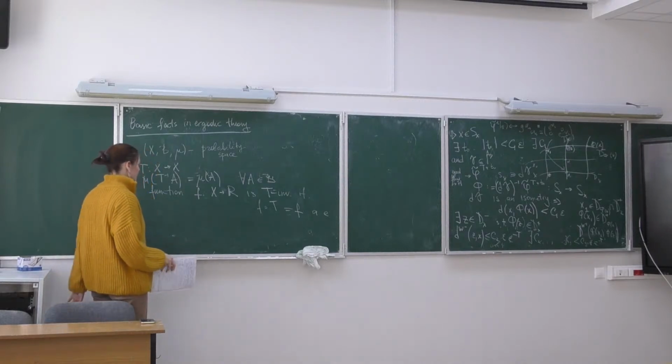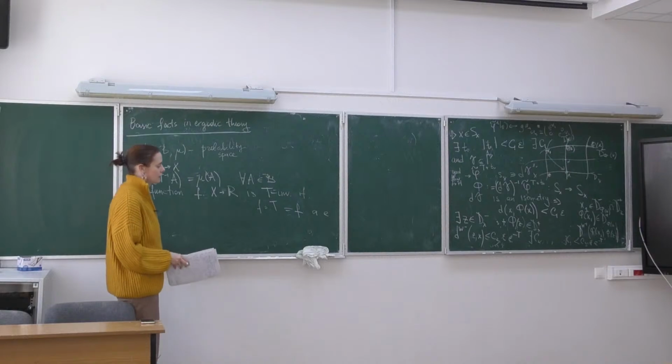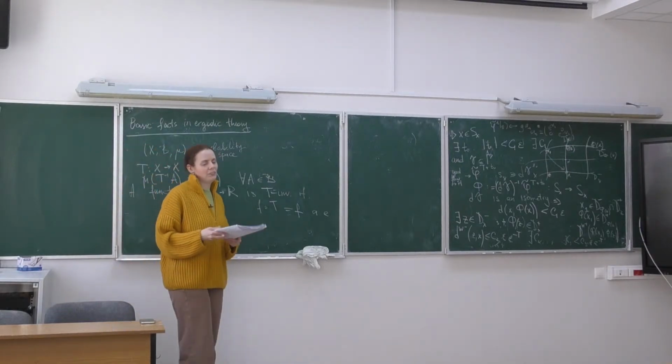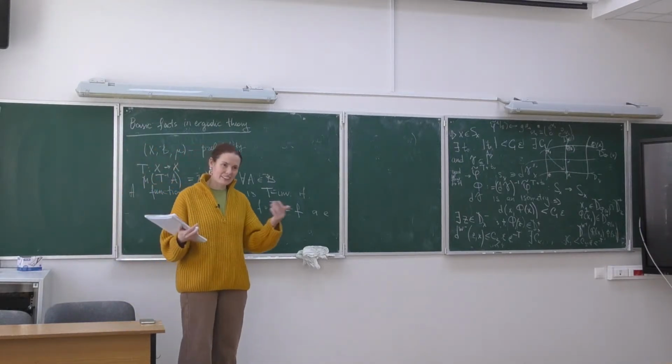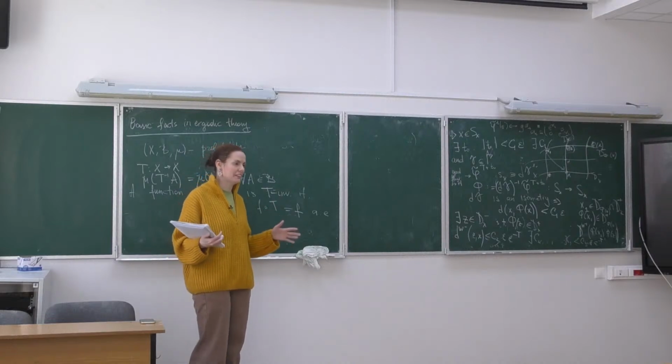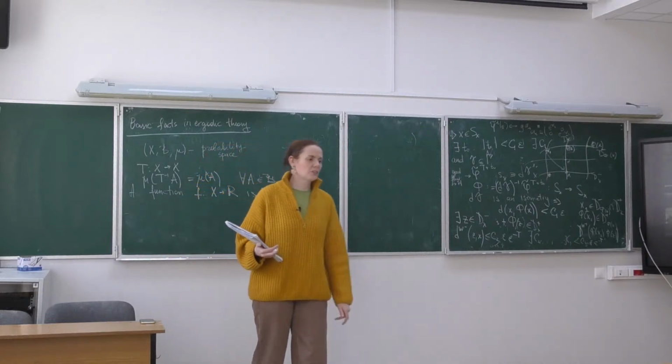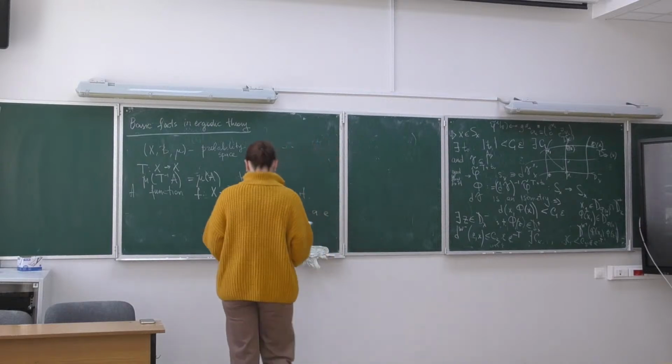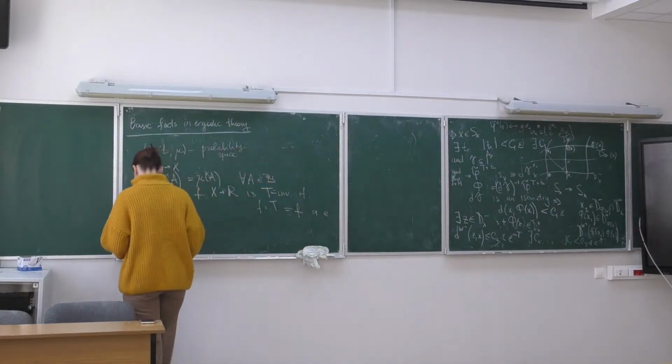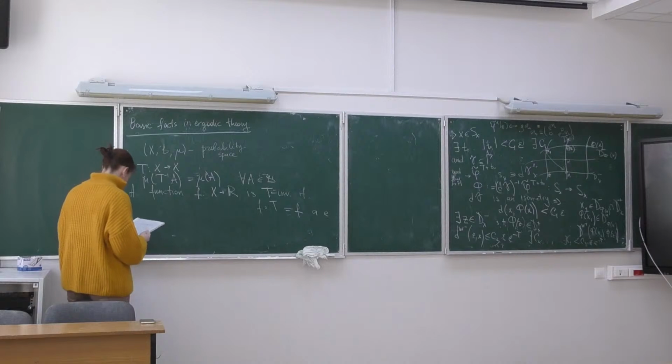And there are different definitions of ergodicity. One is the most natural one, probably the one we discussed before, when we said that all the invariant sets should be of full or zero measure. But there is also another way to state the same property.